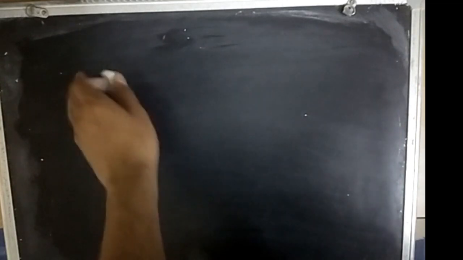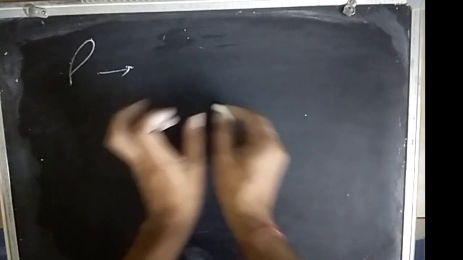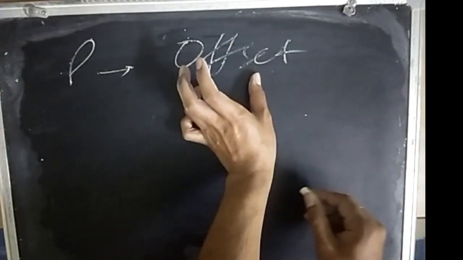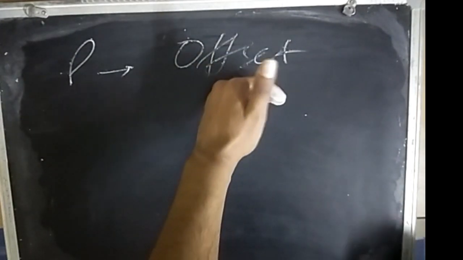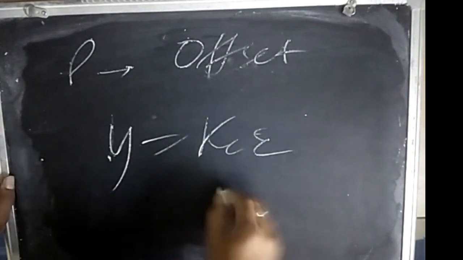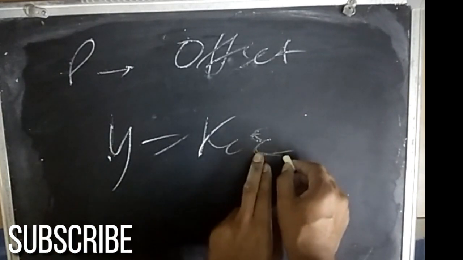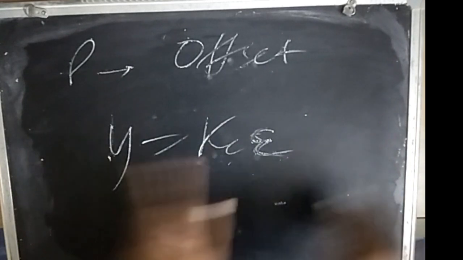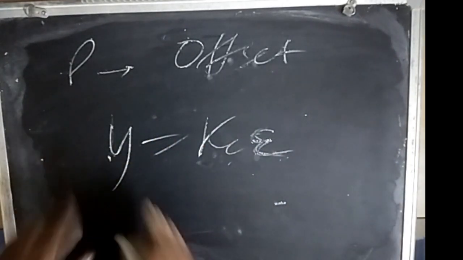P is used when you want to fix the error proportionally. But there is always some offset here, and if this offset is tolerable, then only we can do this. Y is equal to Kc times error, so there will always be some offset, because if there is some error, Kc will maximize this. If Kc is high, the difference will be more.